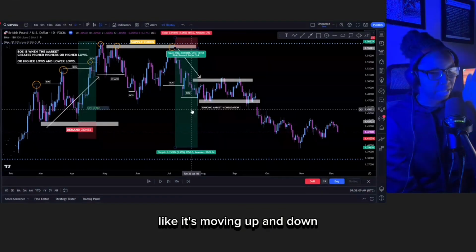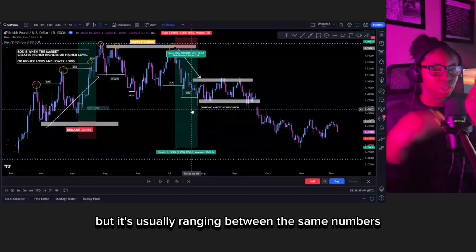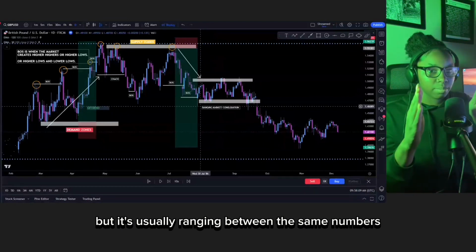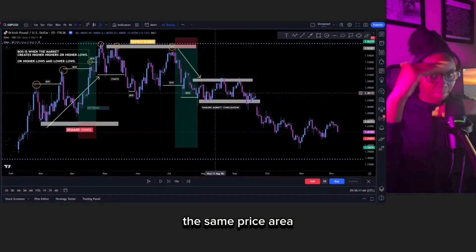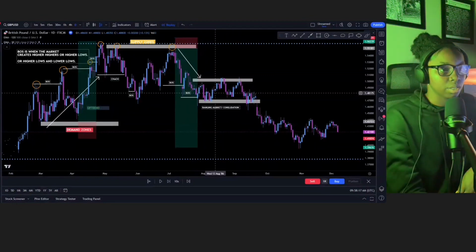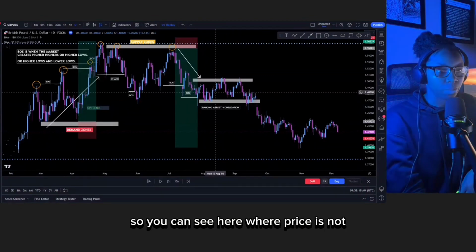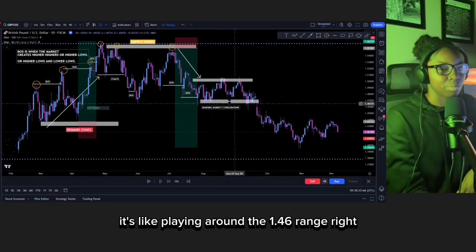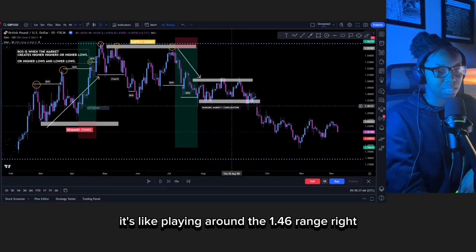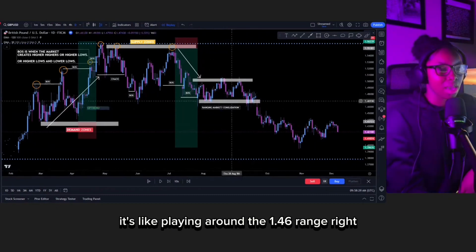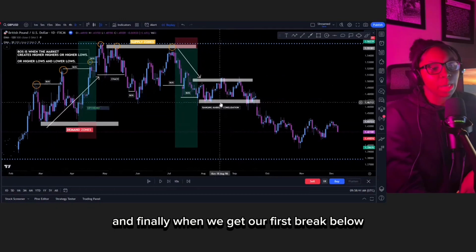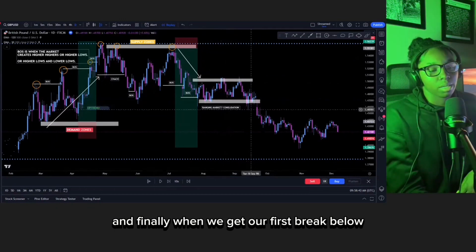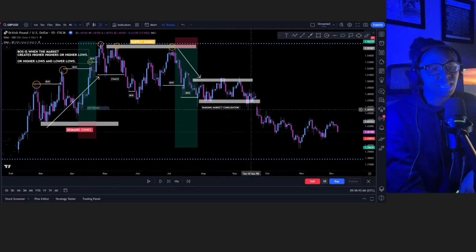Like it's moving up and down, but it's usually ranging between these same numbers, the same price area. So you can see here where price is playing around the 1.46 range, right? And then you have it not breaking above the 1.5.